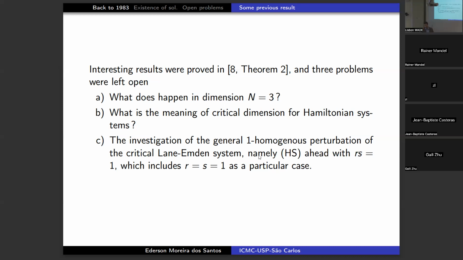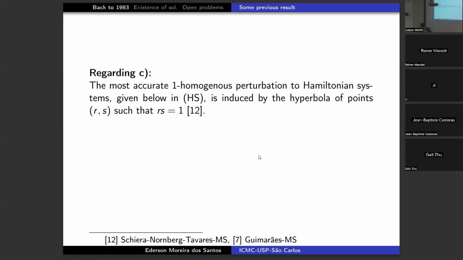The biharmonic equation is a particular case of a Hamiltonian system. So it is very natural to try to understand the correspondence for the meaning of critical dimensions for Hamiltonian systems. This is what I already said about the one-homogeneous perturbation.